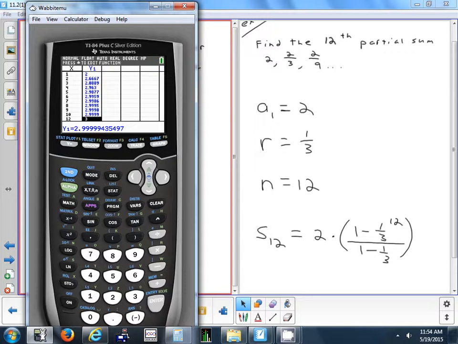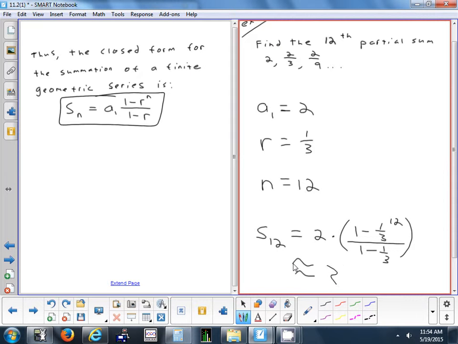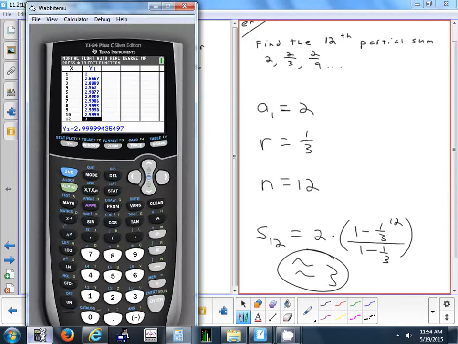Okay, it's 2.99999 and then a 4. So this is a good way that you can investigate if you wanted to add up the first 200 numbers. If it's going to approach something within 200 numbers, it would approach it. In fact, the calculator is going to run out of decimals. It would just say 3.